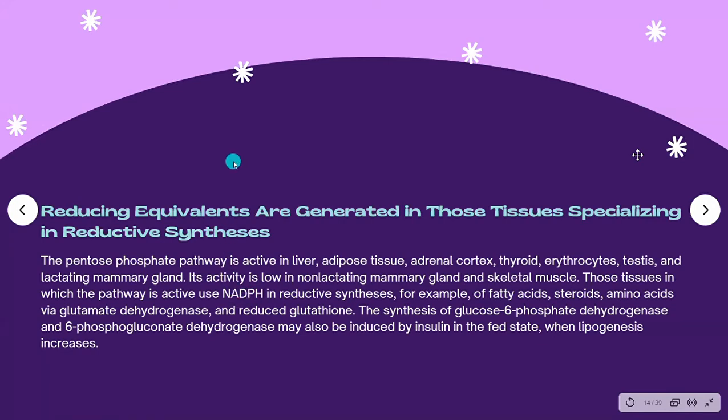So, where is the pentose phosphate pathway active? Particularly in the liver. There are so many synthetic reactions in the liver. Adipose tissue, fatty acids. Adrenal cortex, the steroids. Thyroid, the hormone there. Erythrocytes, we have mentioned that, it is about hemolytic anemia.